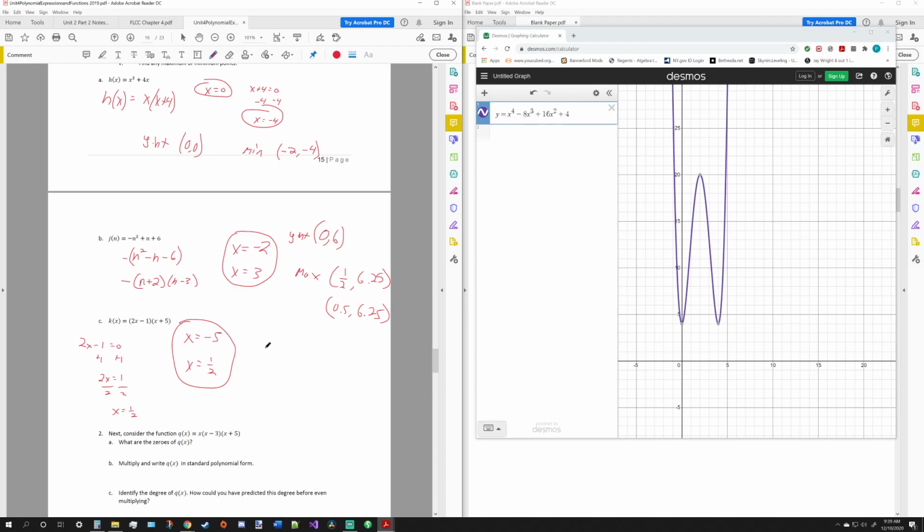We have to distribute this to get to standard form. So I'm going to double distribute. It'll give me 2x squared plus 10x minus x minus 5. So that's 2x squared plus 9x minus 5. So the y-intercept is 0, -5.